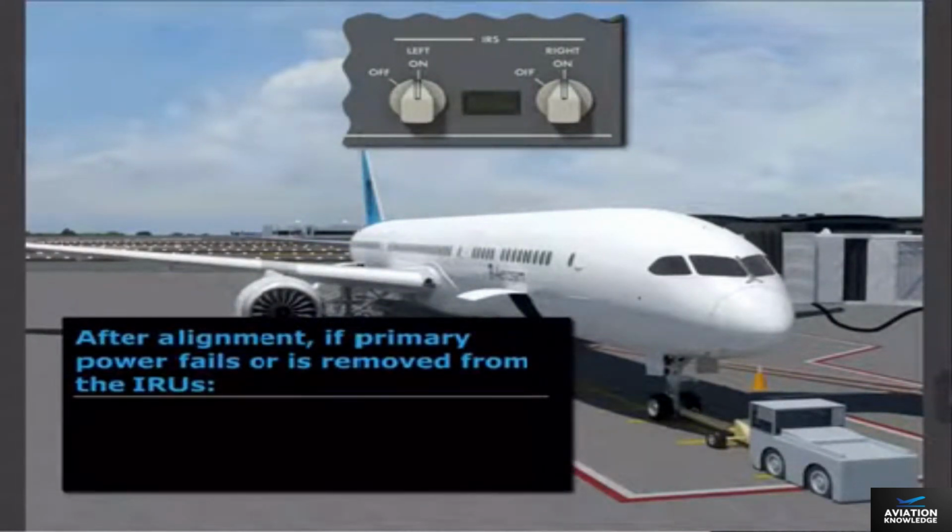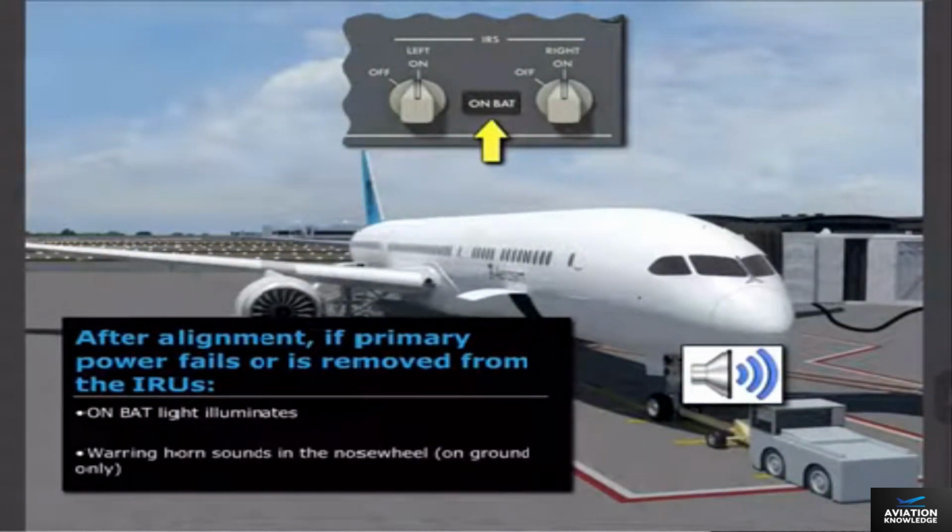After alignment, if primary power fails or is removed from the IRUs, the on-battery light illuminates, and a warning horn sounds in the nose wheel on the ground only. This alerts the crew that the IRS is depleting the battery.